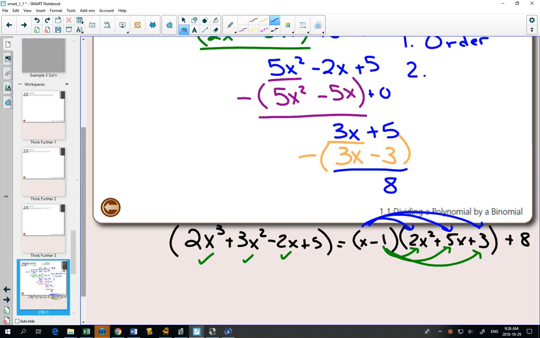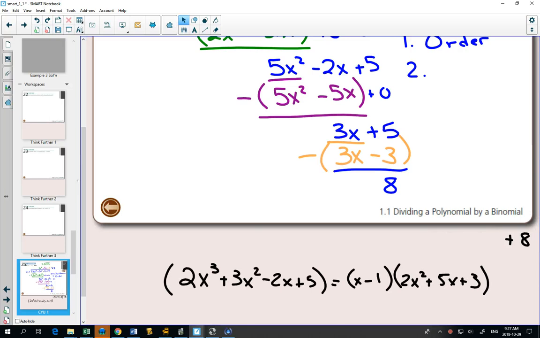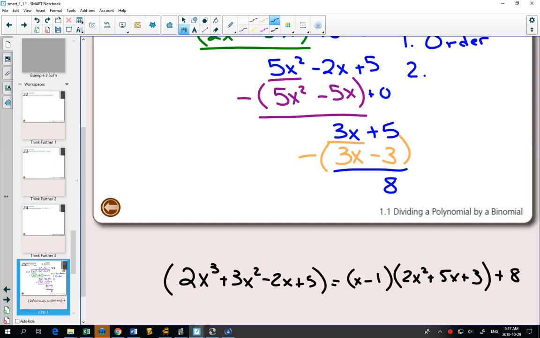So the way that we remember our division statement, I'm going to get rid of all of my little check marks and my arrows. I'm going to move this down. In our division statement, we define things. Remember, we called this our polynomial, so I'm going to write a P above it, is equal to, what did we call the x minus 1?